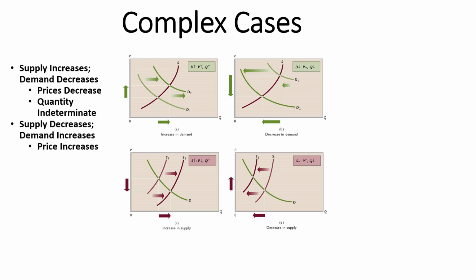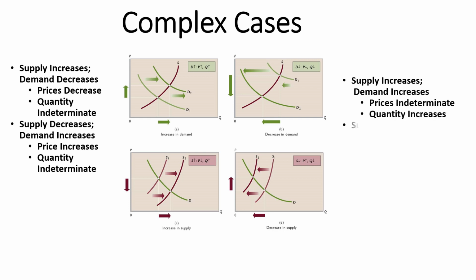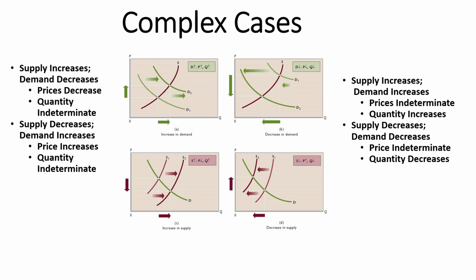What happens if we're analyzing a market scenario and there is one event affecting demand and simultaneously another event affects supply? Well, look on the board here and you see a word that we haven't discussed yet. It begins with an I and ends in an E: indeterminate.